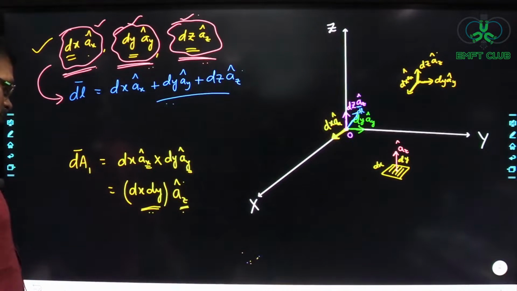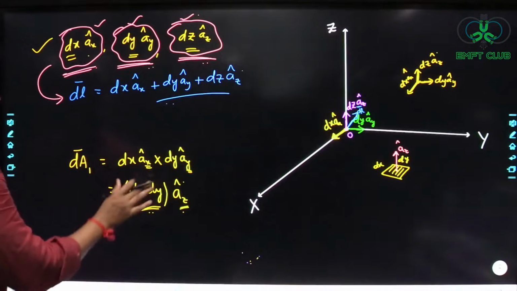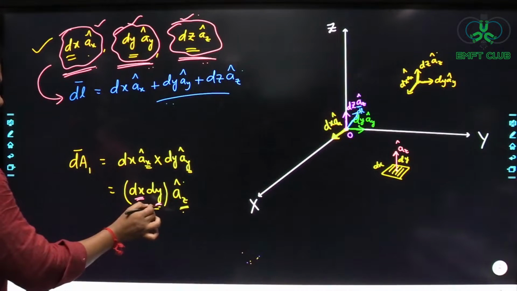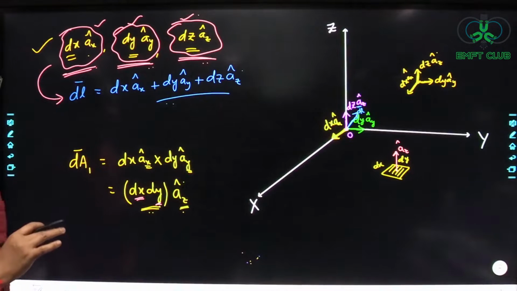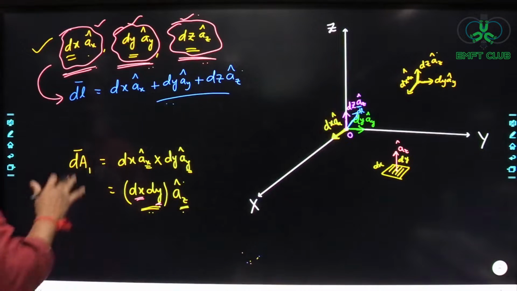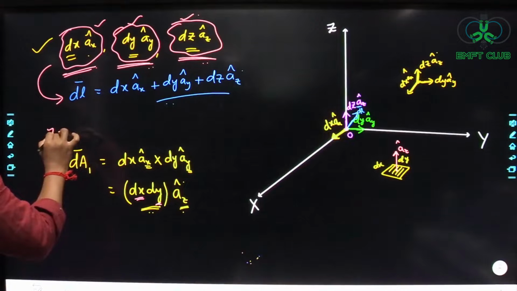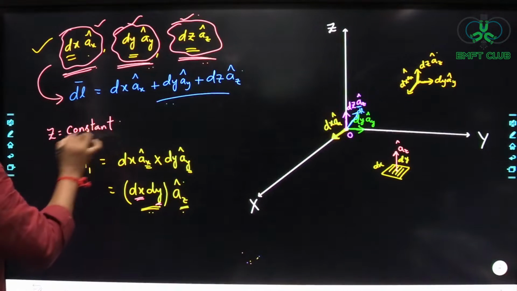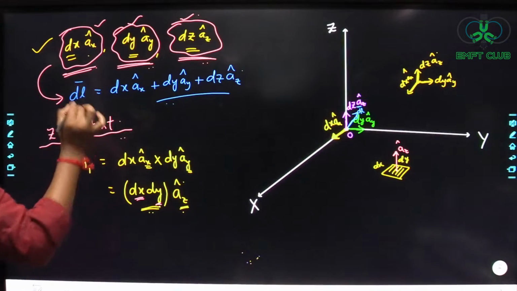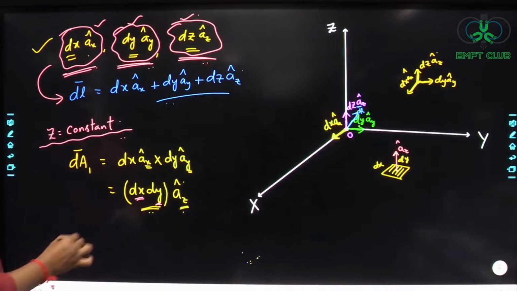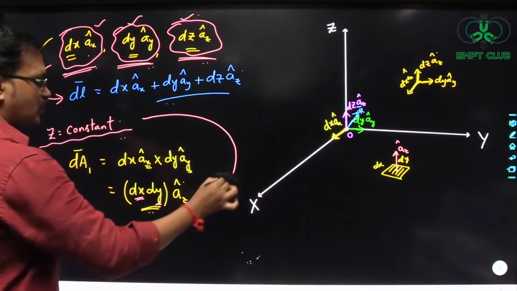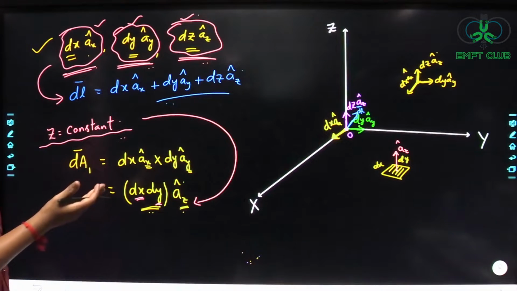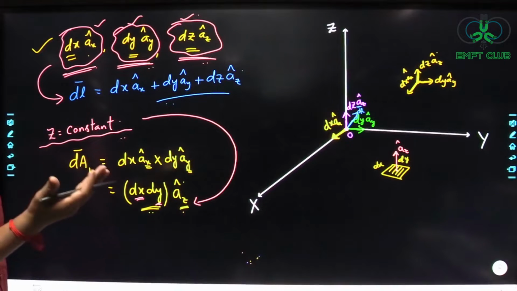Now in this plane, what are the variables? x is variable and y is variable, which means z is constant. Understood? So we can call this plane the z equal to constant plane, or the z equal to constant surface.